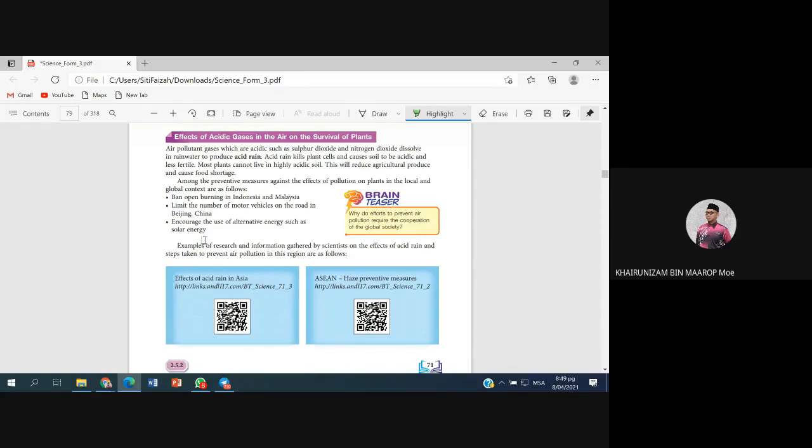Another solution, to control the air pollution, is enforcement of laws such as jail for industrial factories, kalau dia melanggar undang-undang.